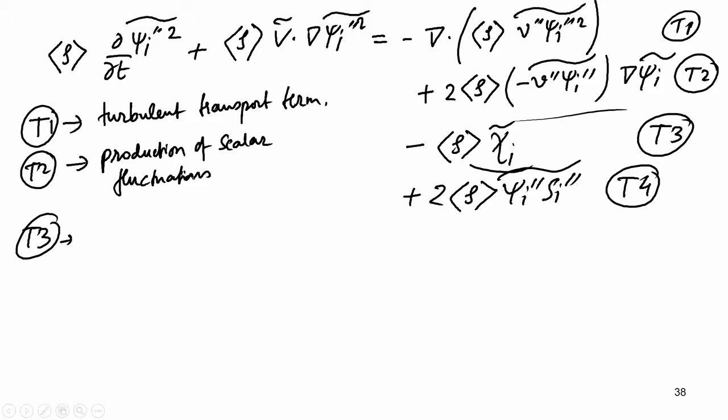Before that, as I said, T2 is essentially the production of scalar fluctuations, and that is produced by once again the mean scalar gradients and this velocity scalar covariance. So it behaves just like the mean turbulent kinetic energy production and dissipation.